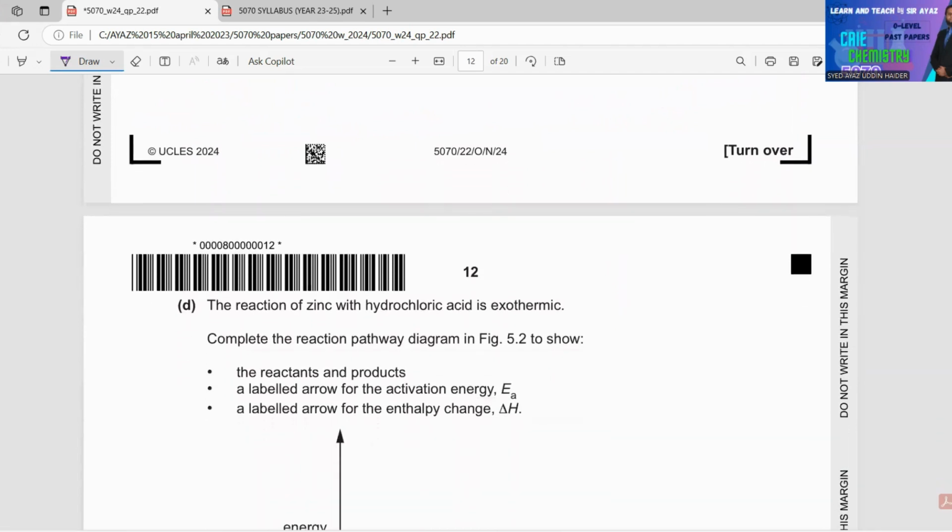Moving to next part, which is part D. The reaction of zinc with hydrochloric acid is exothermic.